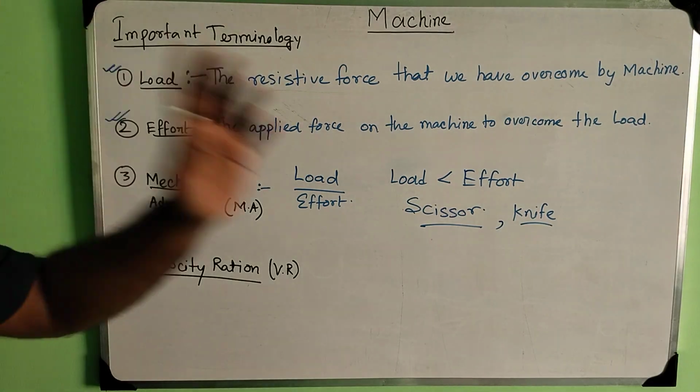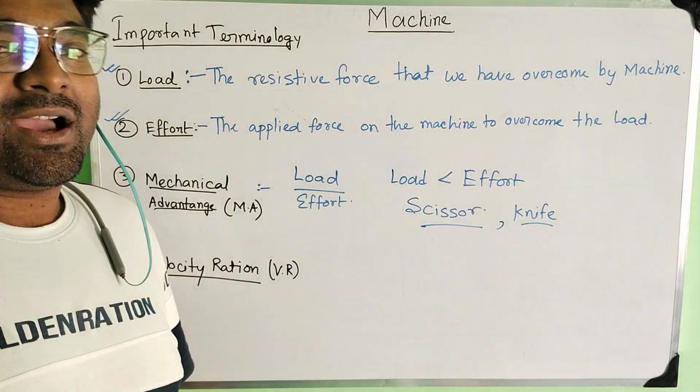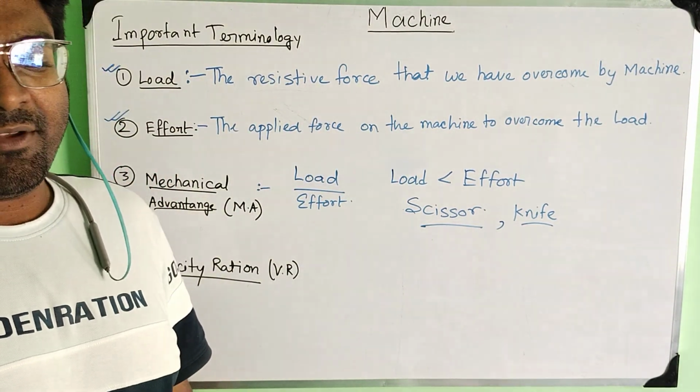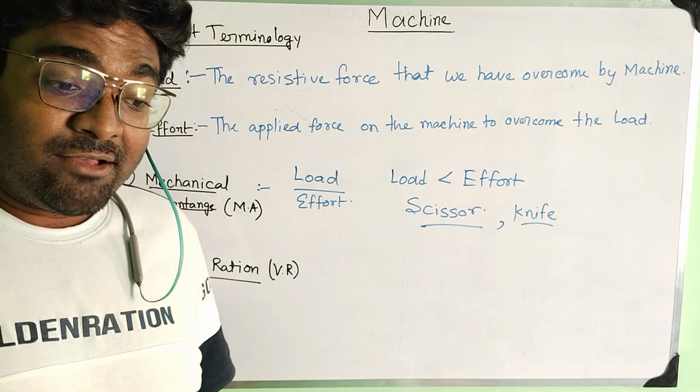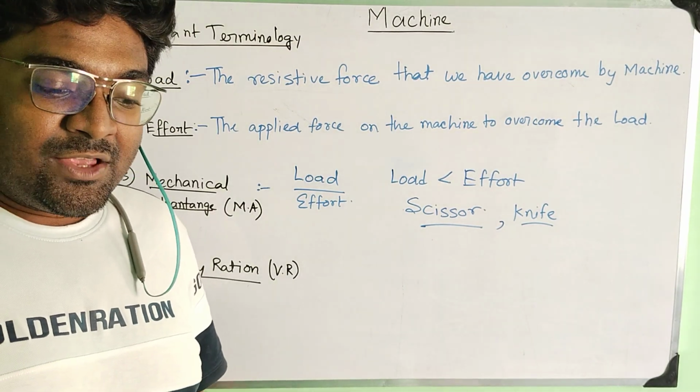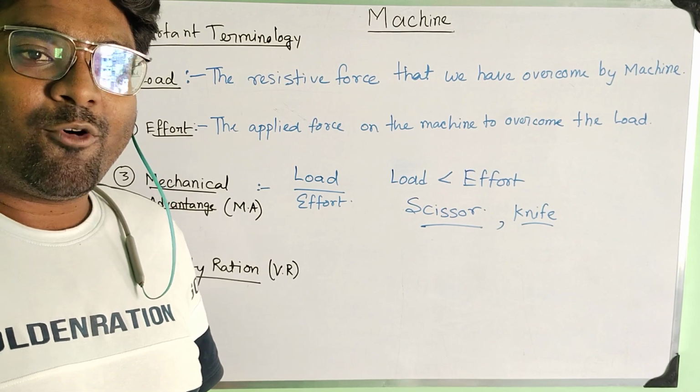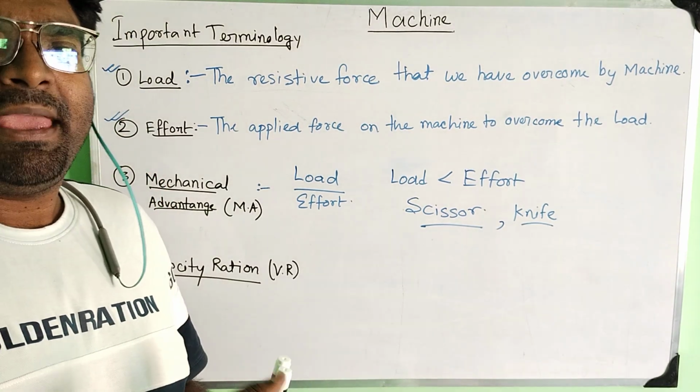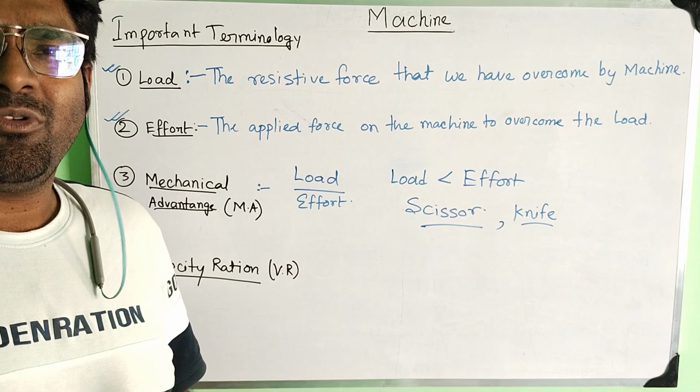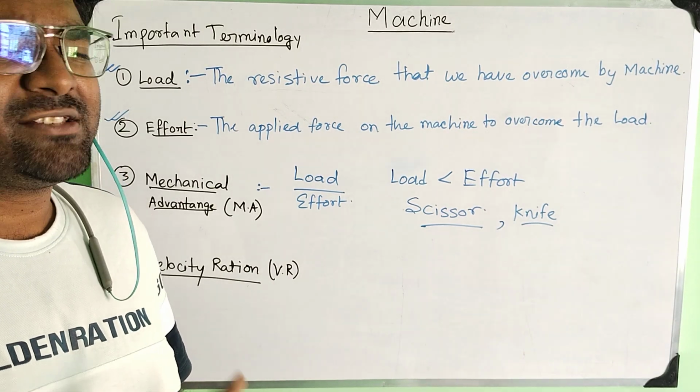Suppose in the case of a scissor, we cut clothes, or we cut pages. Now see, in those machines you have to give more effort to cut the page. The weight of the page, the load of the page, is very low.